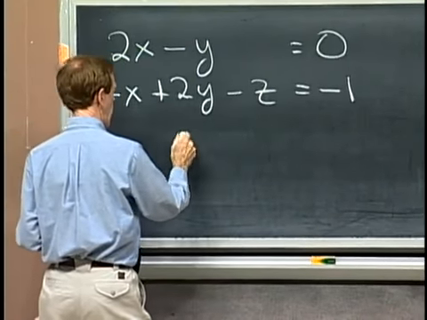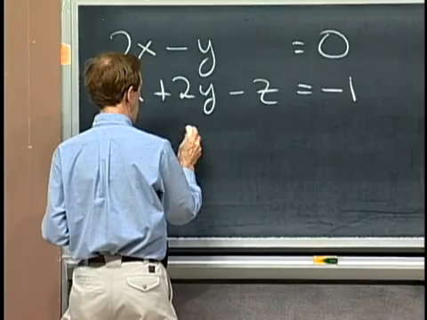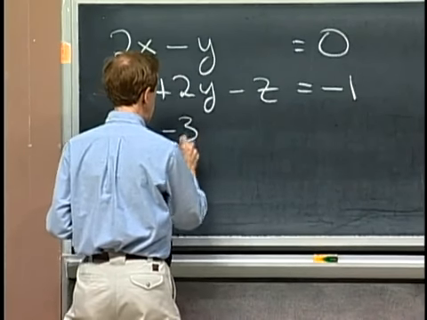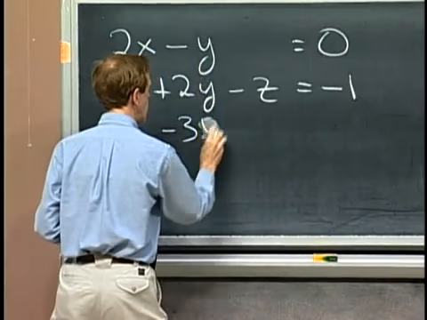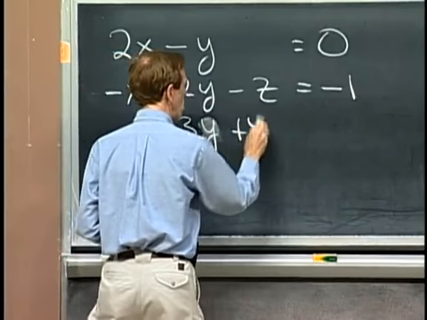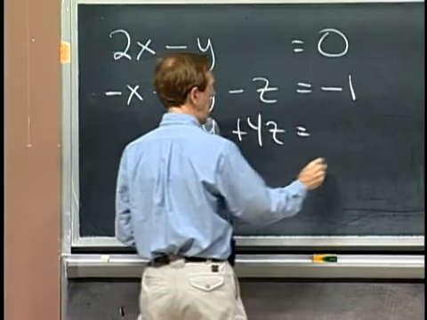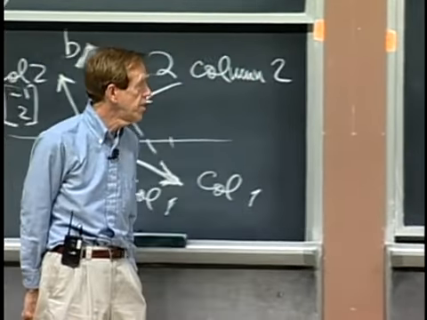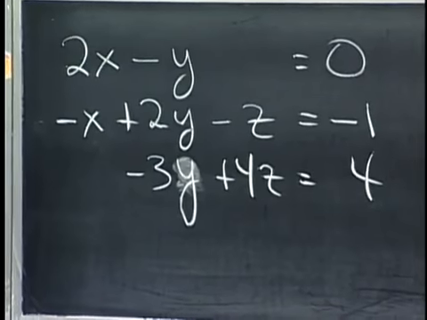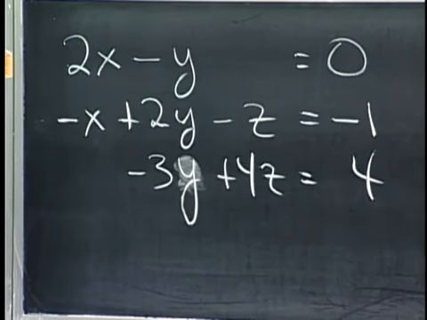And just for variety, let me take minus 3y's and 4z's is, say, 4. I should keep the y's in that line. Okay. That's 3 equations. I'm in 3 dimensions, x, y, z.